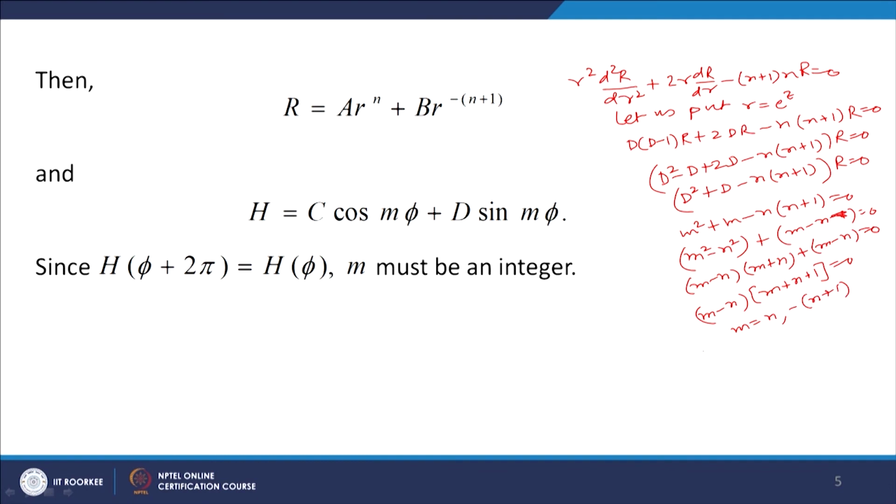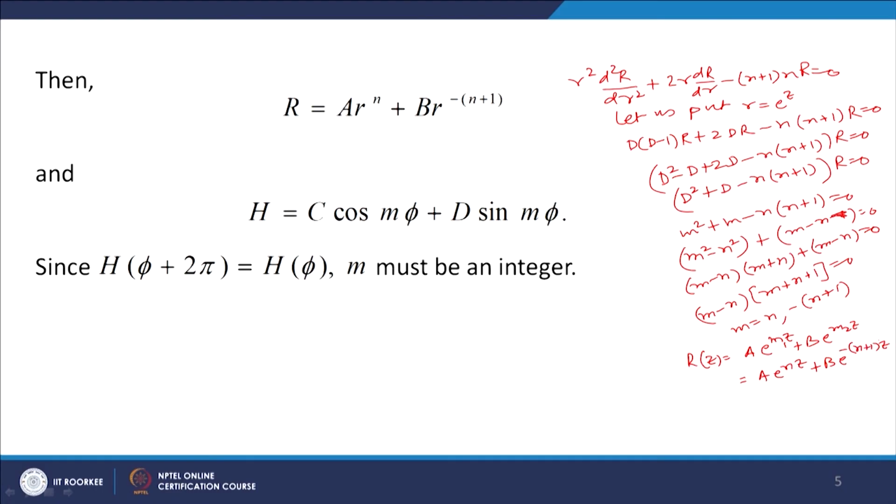So, the general solution of this equation, R in z, is equal to some constant, let us say, a e^(m1 z) + b e^(m2 z). m1 is say n, so a e^(nz) + b e^(-(n + 1) z).